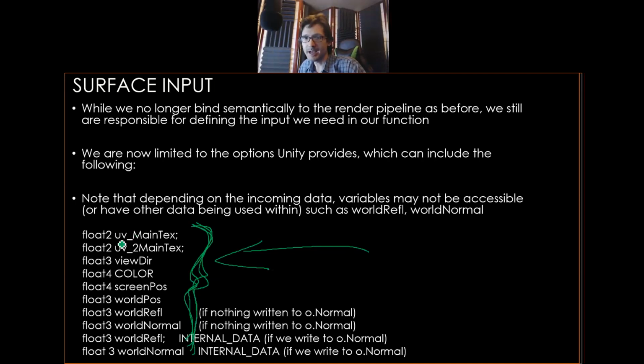So you have things like the UV coordinate. Now what's important is, let's see this in another slide, this is actually just uv underscore, and this part over here is dependent upon what you name your textures. Be aware of that, all right? That's an easy thing to mess up. Also, uv2 underscore. As we saw before, you can have multiple texture coordinates.